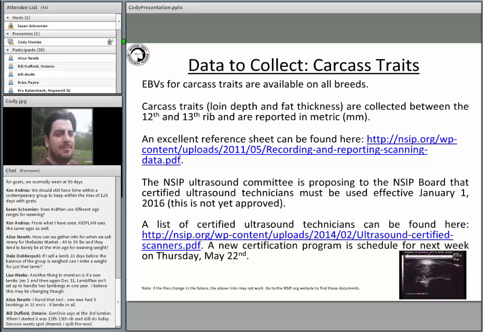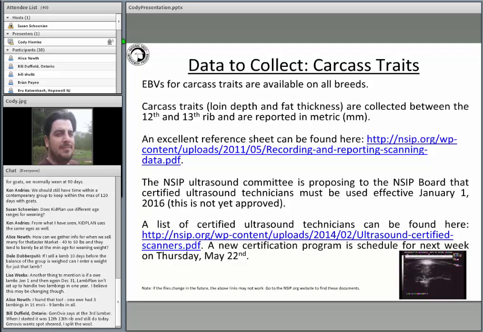So Chris Schauer, I'm not sure if Chris is on here, but Chris and Todd Taylor and I serve as the ultrasound committee for NSIP, and we are proposing that starting January 1st, 2016, all ultrasounds are done by a certified technician. We're working on a few things to put that recommendation in front of the board, and hopefully we'll get that figured out soon.